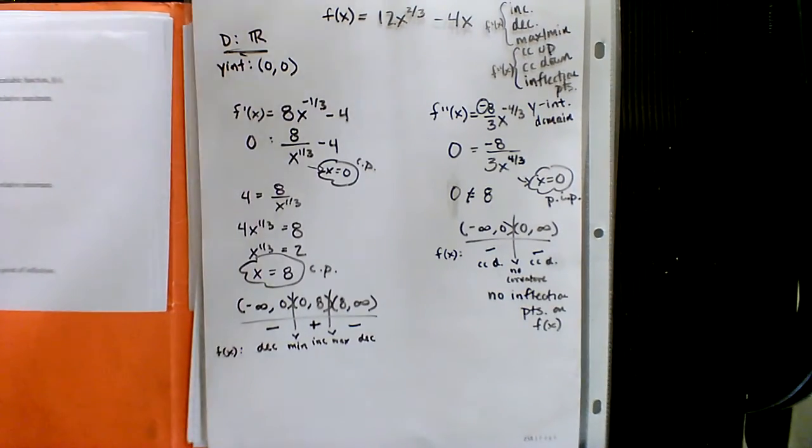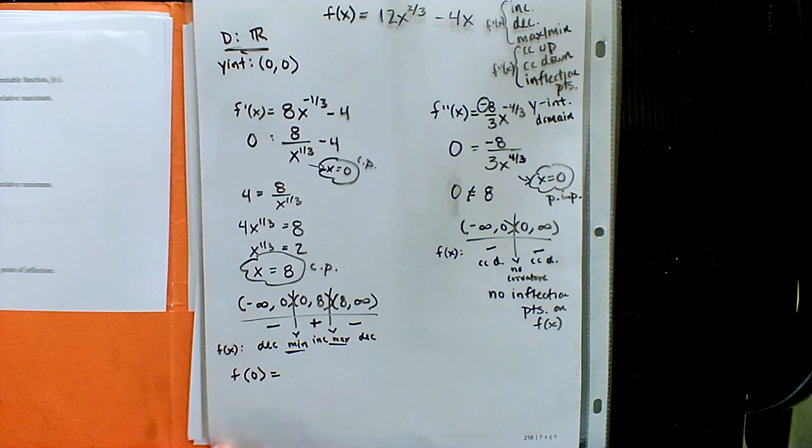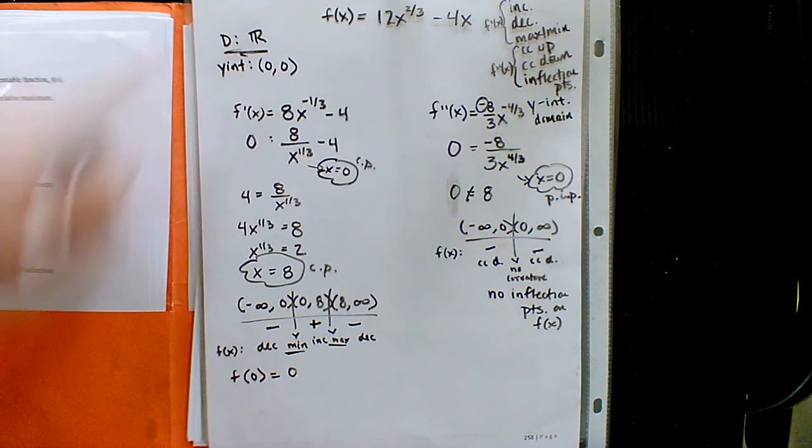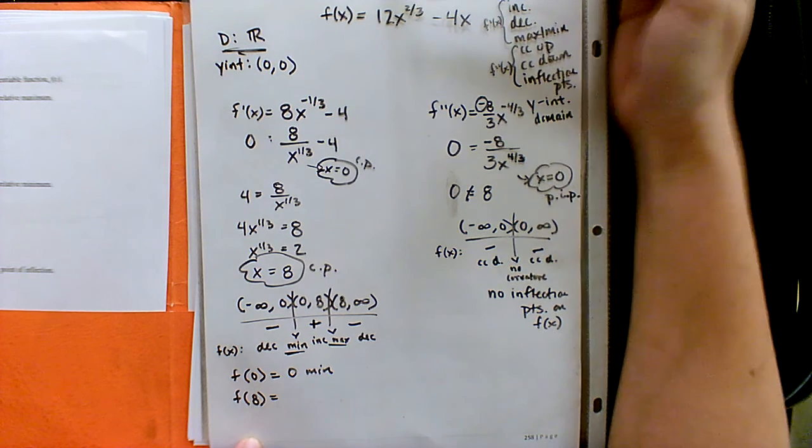Zoom out. All right, let's try to find the coordinates of the max and the min. If we were to plug in 0 into the original function, do we know what we'd get out? Yeah. 0, we already did that. That happens to be your y-intercept. If you were to plug in 8, let's see if we can find the max.